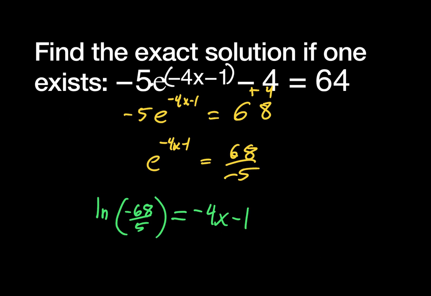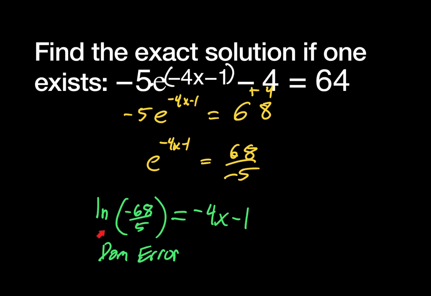So then take out your handy dandy calculator. Find e to what power is negative 68/5. What does your calculator tell you? Domain error. Your calculator tells you that because this side of the equation is asking e to what power is negative.